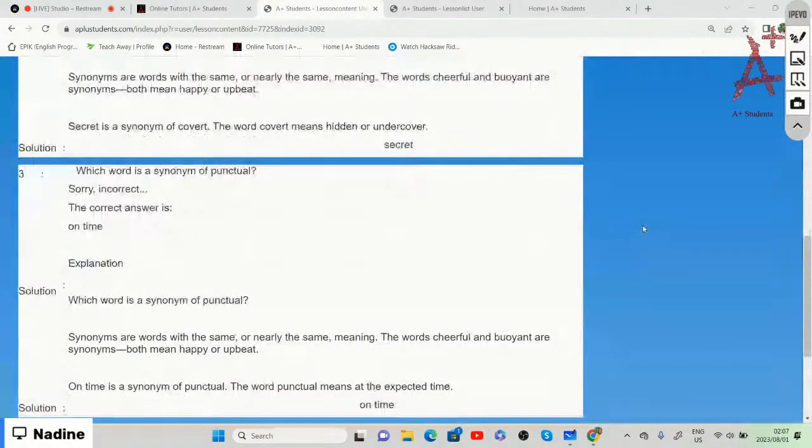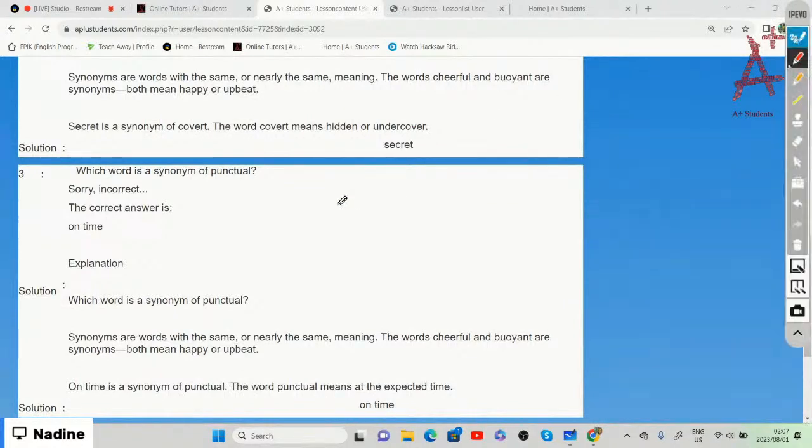We need to find the synonym of punctual. If someone is punctual, then it means that they are on time. On time is the synonym of punctual, and punctual means at the expected time.